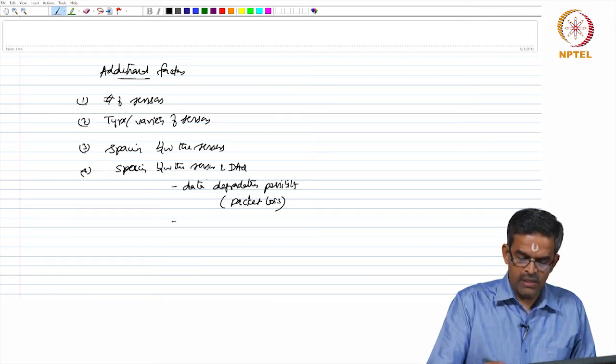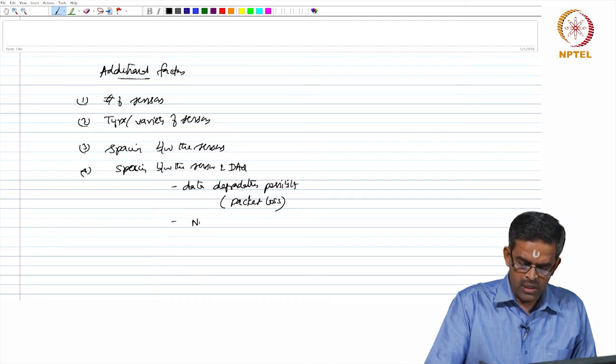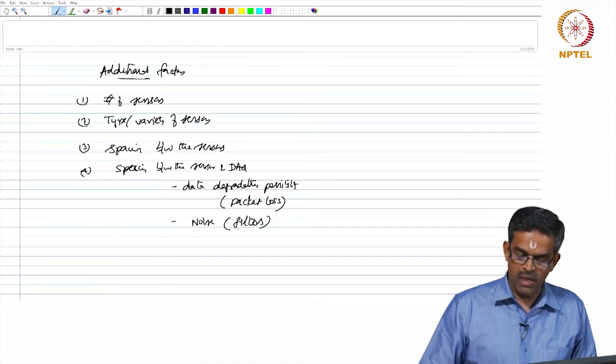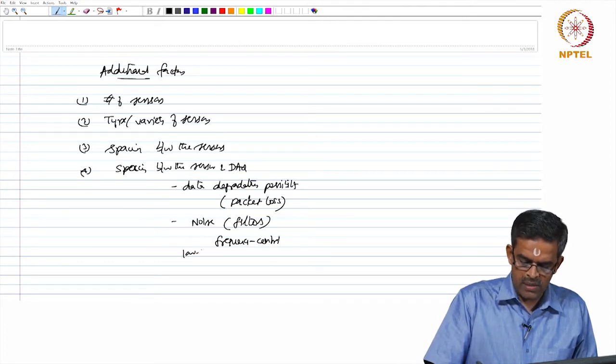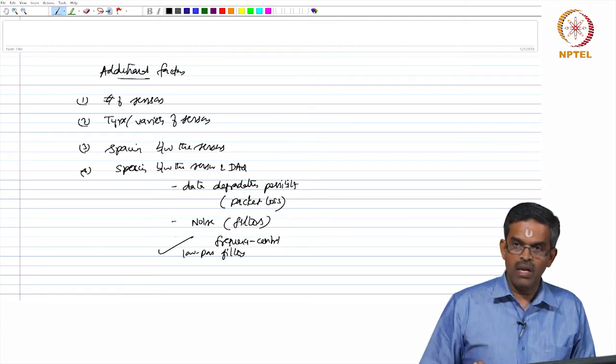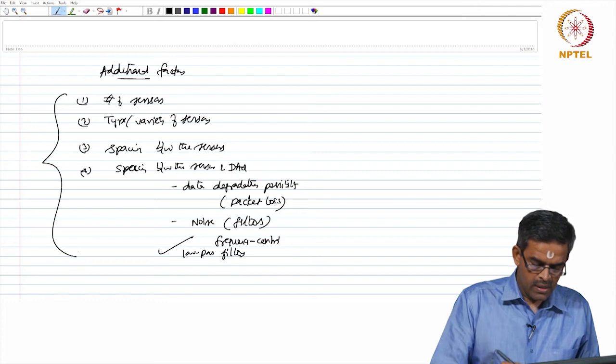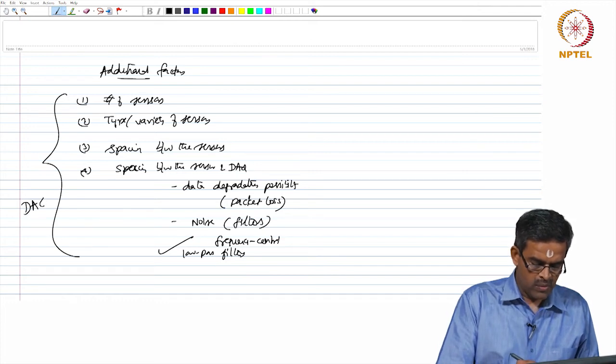Sometimes if the distance is too small or too large, it can also attract additional noise. So we need filters to control this noise, specific frequency control filters, low pass filters, etc. We need them all to be equipped in the DAQ.